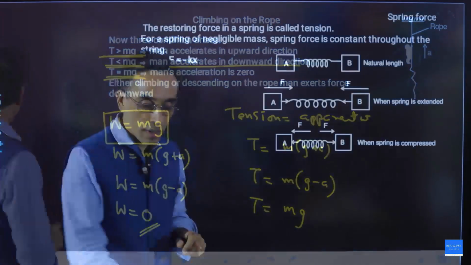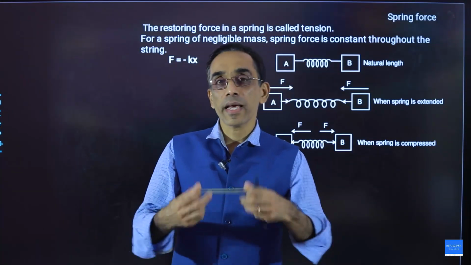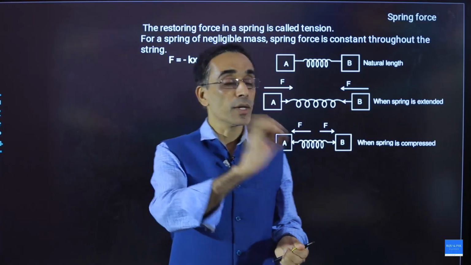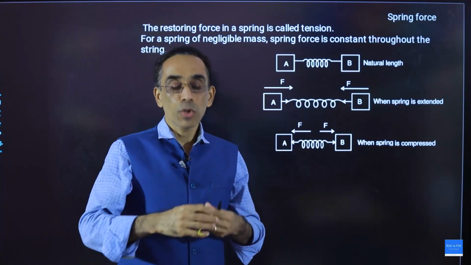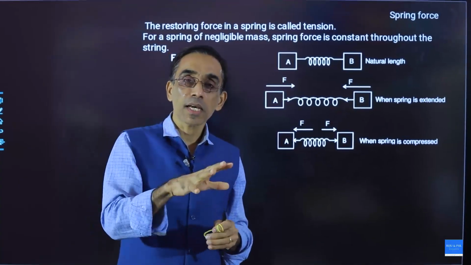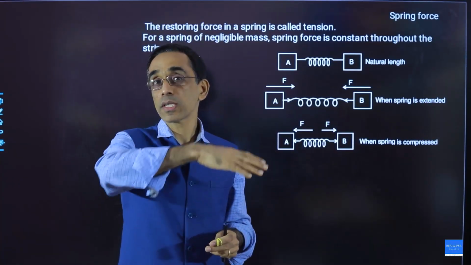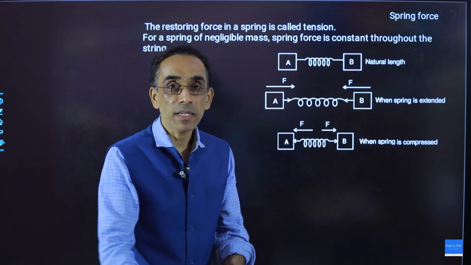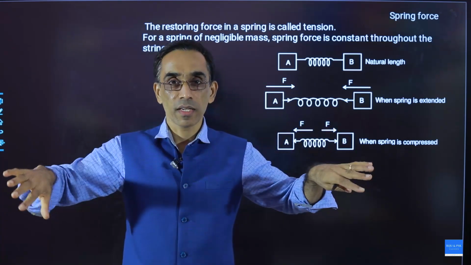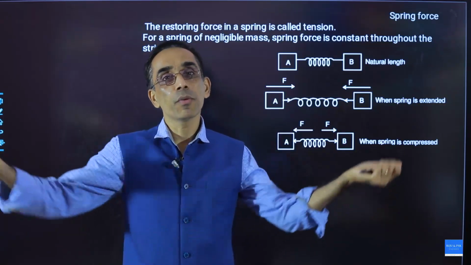Okay. Dear children, just like the force in a string, spring also has a restoring force. You have a spring, you elongate or compress it, then the spring will apply a force in the opposite direction. Imagine you compress a spring, then the spring will push you away. Or if you elongate a spring, it will pull you back.